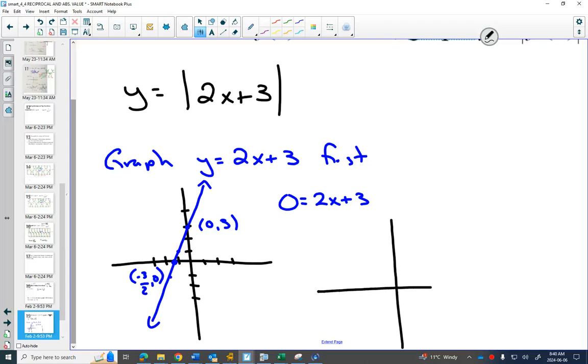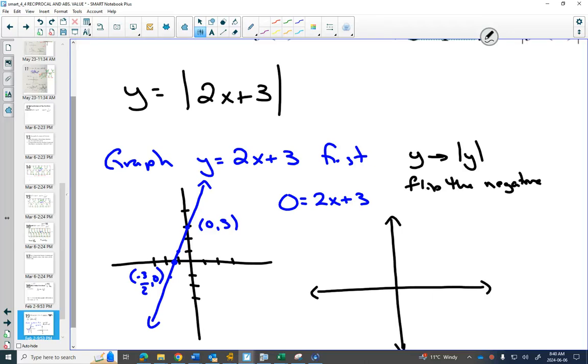Now to graph the absolute value graph, the only thing that happens is that your y values are going to change to the absolute value of y. That's going to flip the negative y values over the x-axis.